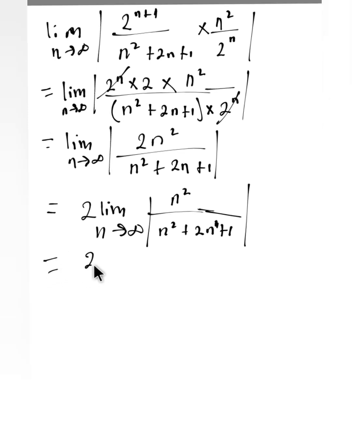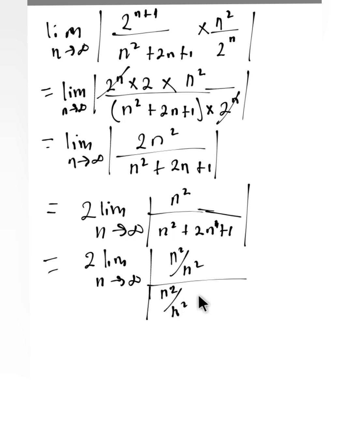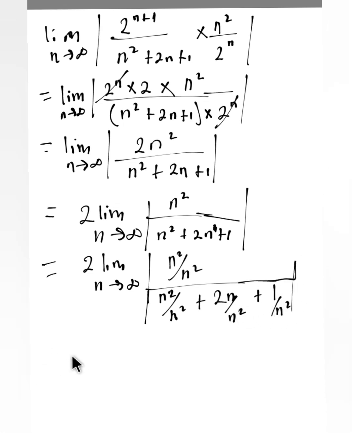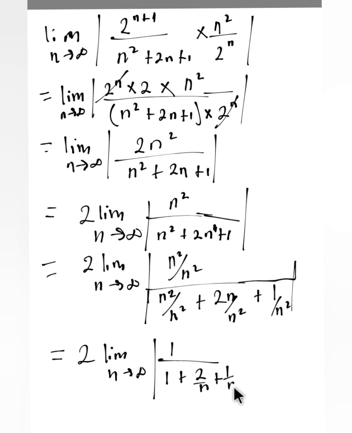So it gives us 2, the limit as n tends to infinity of n squared over n squared, all over n squared over n squared plus 2n over n squared plus 1 over n squared. So we have 2 the limit as n tends to infinity of n squared over n squared is 1, all over 1 plus 2 over n plus 1 over n squared.